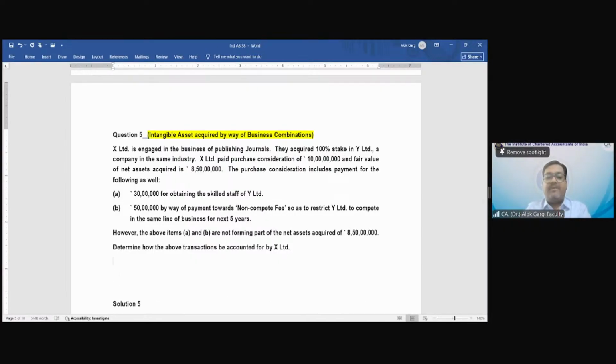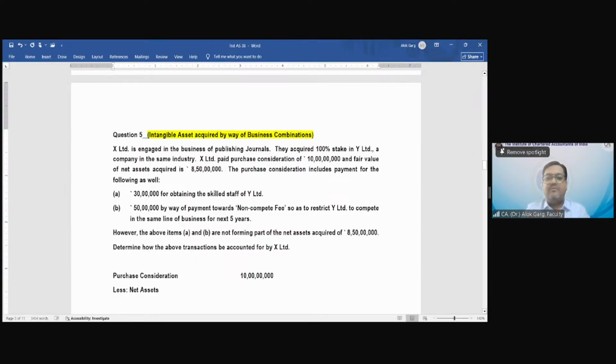So what is my consideration which is paid? Purchase consideration. What is my purchase consideration? My purchase consideration is 10 crore rupees. Less: net asset acquired.